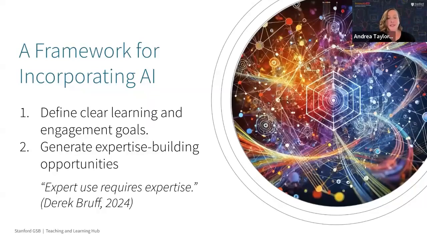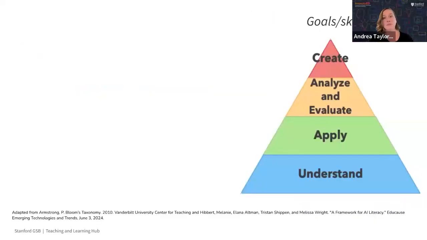Okay, so now we talked about this as being sort of a recipe. I want to talk about the ingredients in part one, which is defining clear goals. So this pyramid represents multiple and varied ways students might engage with one assignment. It's using a simplified version of the well-known Bloom's taxonomy of educational goals.